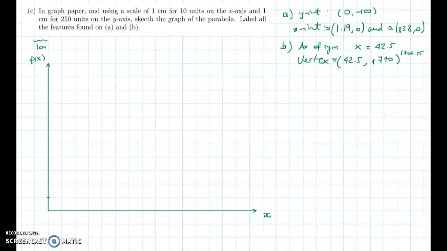Let's check that we are doing fine with the scale. This would be 250, then this is 500, 750, 1,000. Let me write here. 1,250, 1,500, 1,750. I don't really need more than that. Sorry, I didn't want to do that.